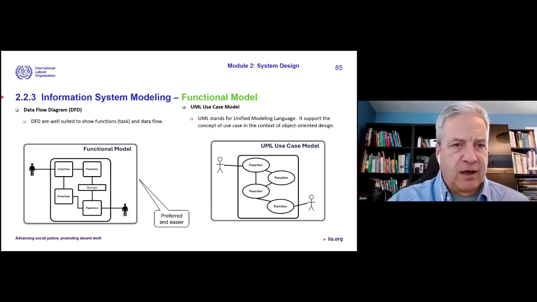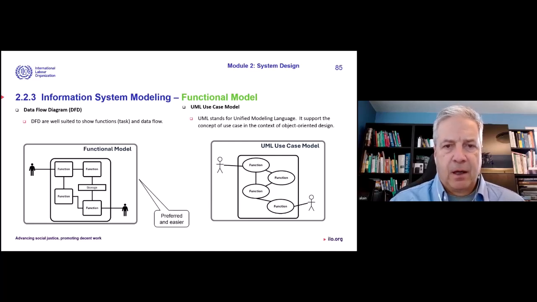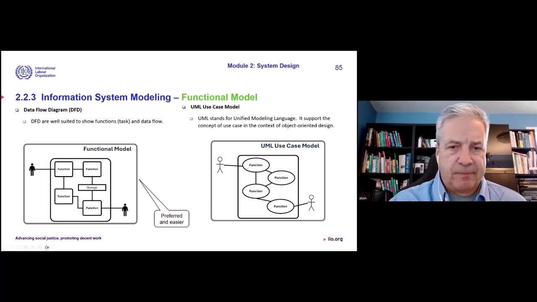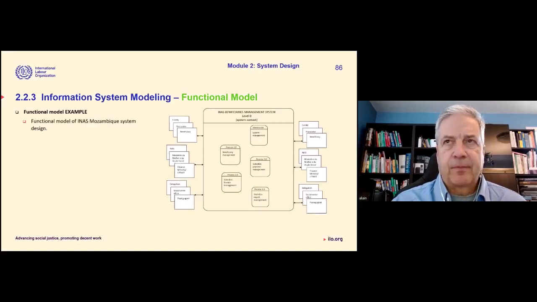Both have their strengths and weaknesses. Maybe the functional model is a bit easier when you begin to use those kinds of models. IT professionals tend to use UML, but both are fine. So how does it work? Let's go in with an example.